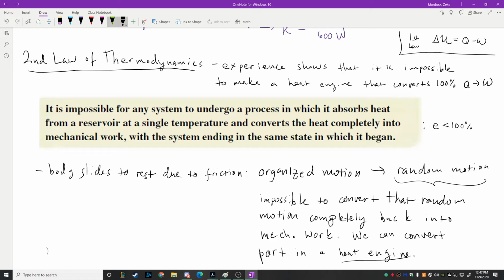There's kind of a refrigerator version of this. All right. So we'll call this second law of thermodynamics 1, second law of thermodynamics 2, double I, would be: it is impossible for any process to have as its sole result the transfer of heat from a cooler body to a hot body.